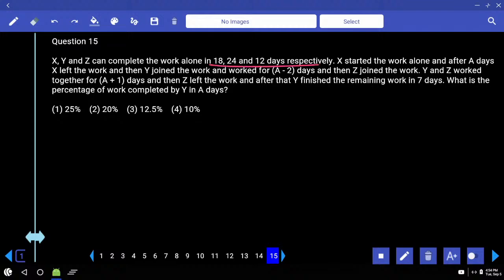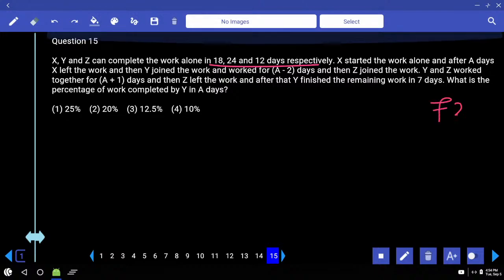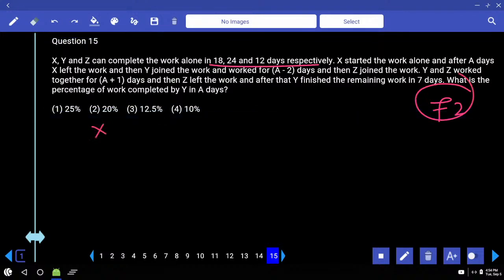So for example, let us consider the LCM of 18, 24 and 12. That is 72, isn't it? So efficiency of X is 4, Y is 3, Z is 6. X started the work and after 8 days X left. 8 days means 4A units, isn't it?